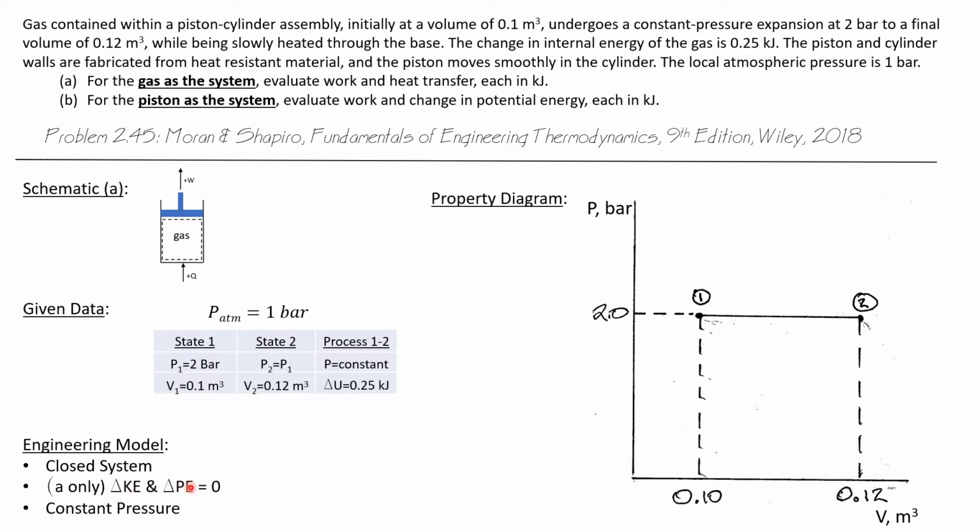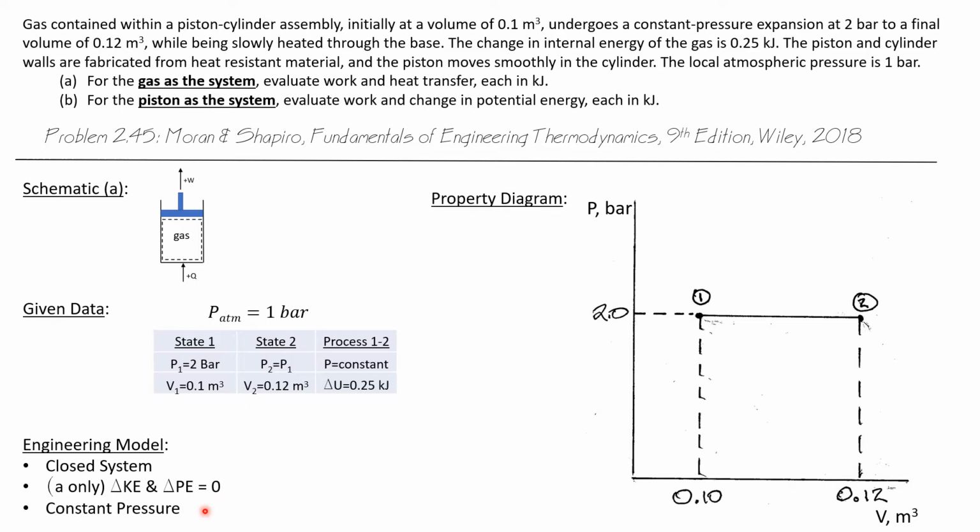The potential energy has slightly increased because as the gas expands, the center of mass of the gas increases a small amount. But this is a very small number compared to the other values in this problem. So we will continue to make our assumption that the change in potential energy during this process is 0.